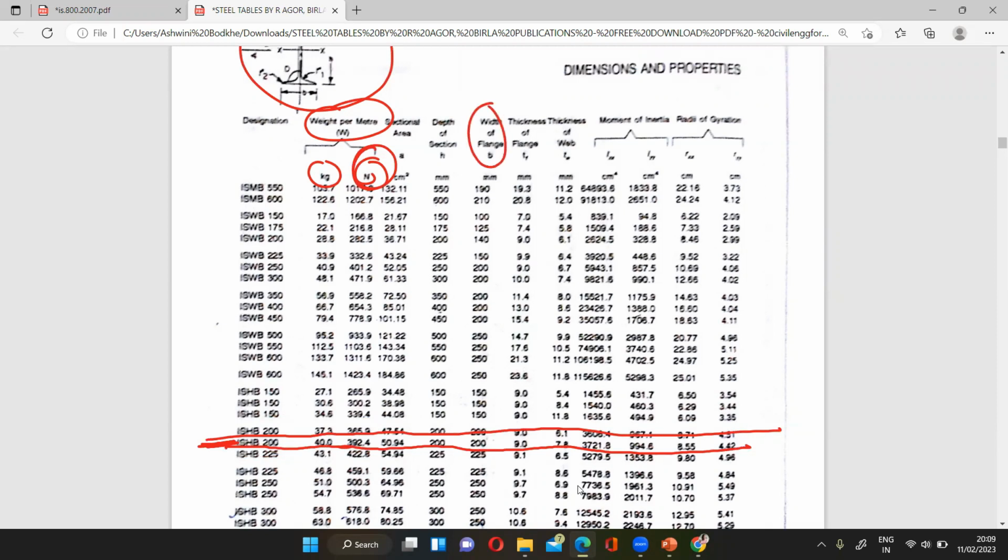You can see here width of flange, thickness of flange, thickness of web, depth of section, moment of inertia, etc. All data related to the sections are given. But we need the thickness of flange, and in this column you can see the thickness of flange is 9 mm.